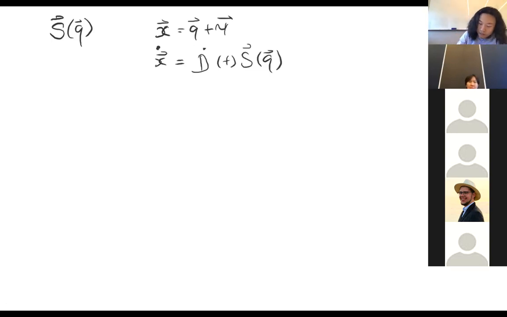This whole thing, because v, which was previously defined as the proper velocity, is a x dot, is equal to 1 on a times the proper velocity.